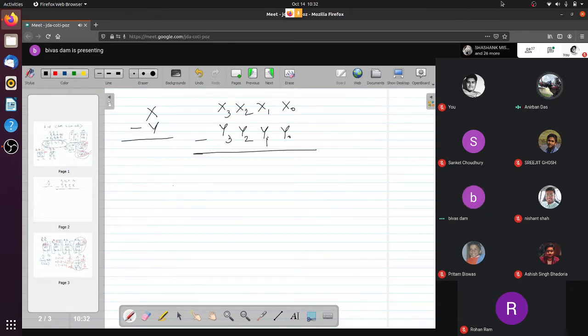Addition, subtraction, multiplication, division. Now, definitely, multiplication can be thought of as repeated addition. And division can also be thought of as a process of repeated subtraction. So, my basic operations are coming down to only 2: addition and subtraction.